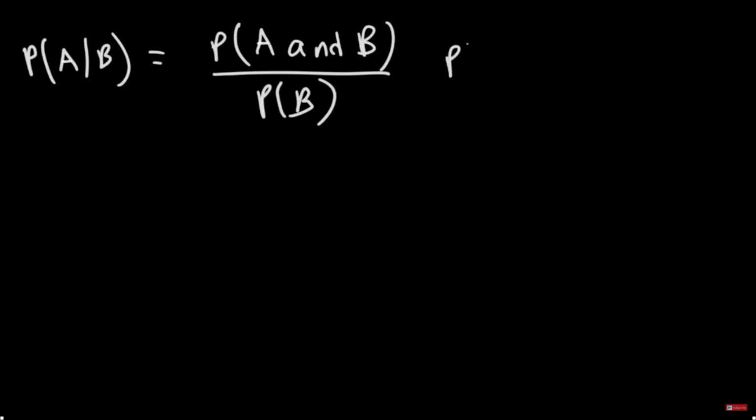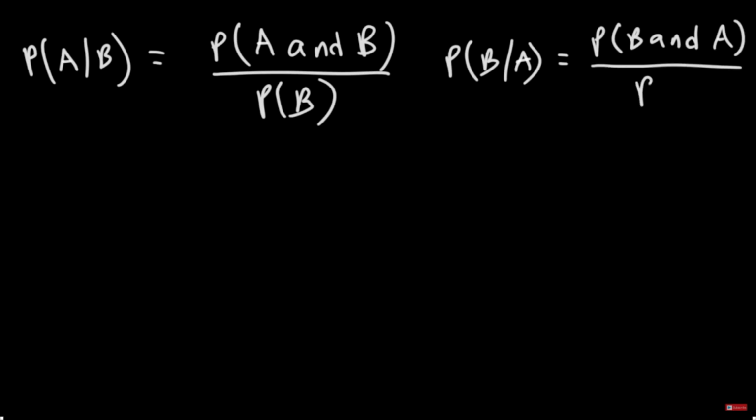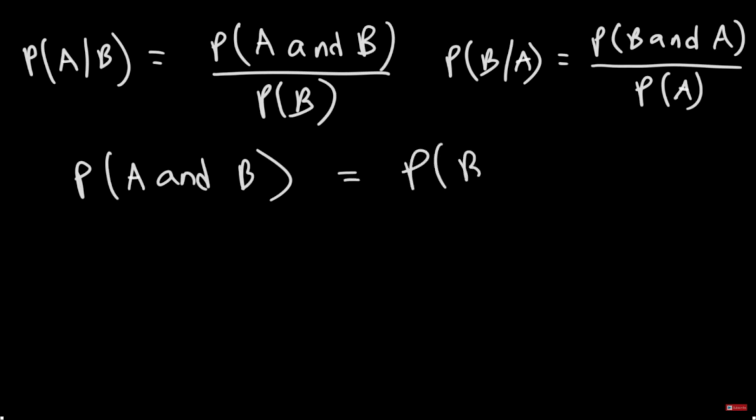Likewise, we can say that the probability of B given A is equal to the probability of B and A occurring divided by the probability that event A will occur. Now, the probability that event A and B will occur is equal to the probability that event B and A will occur.